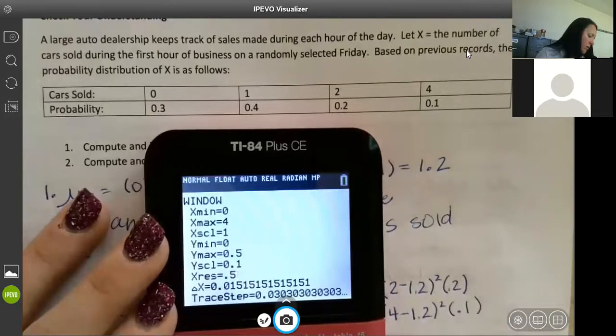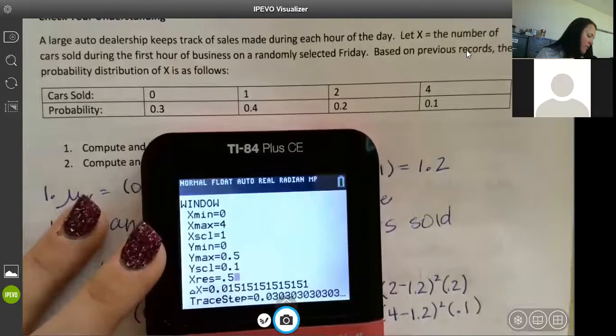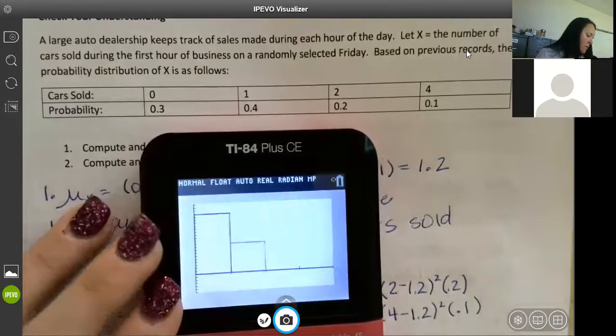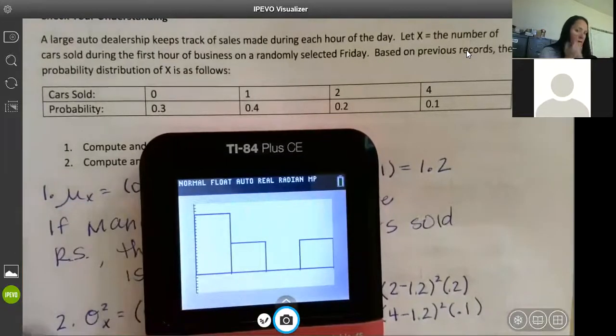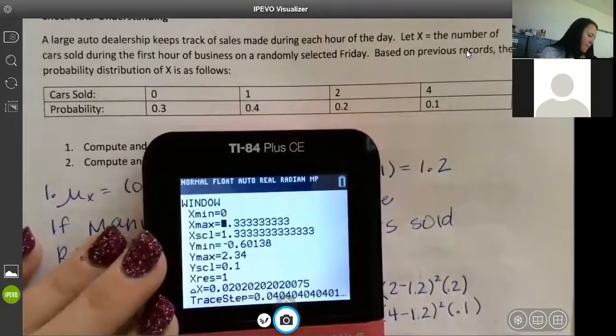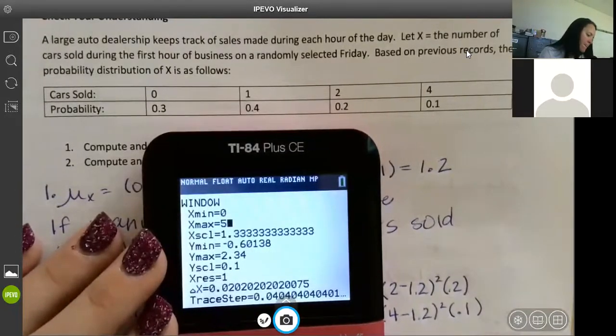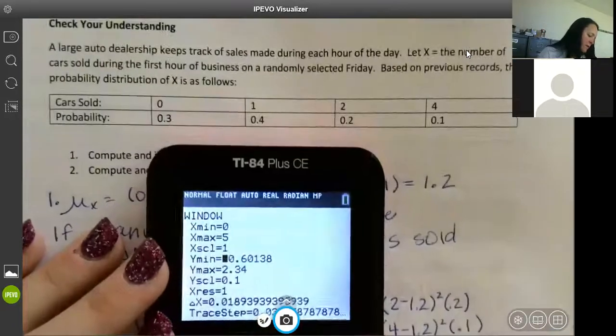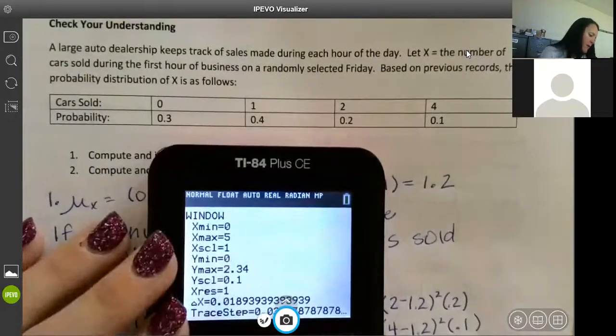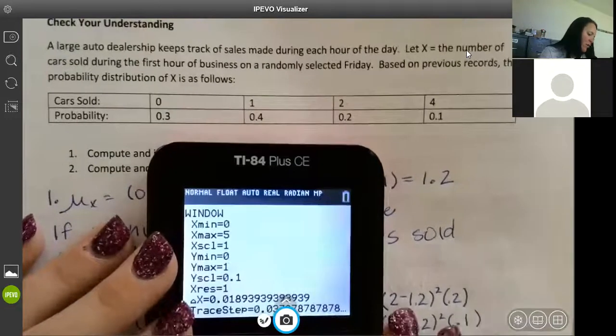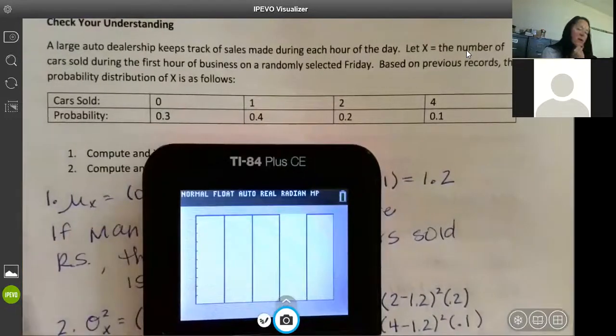Let's try Y min 0.5. Next scale 1, but it should be, okay, let's do 1 and go by 0.1. So let's see what happens there. I don't know why it's doing such weird stuff.